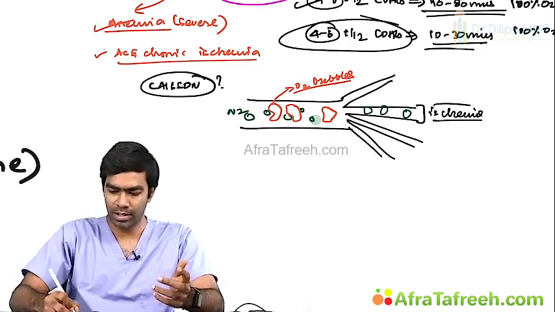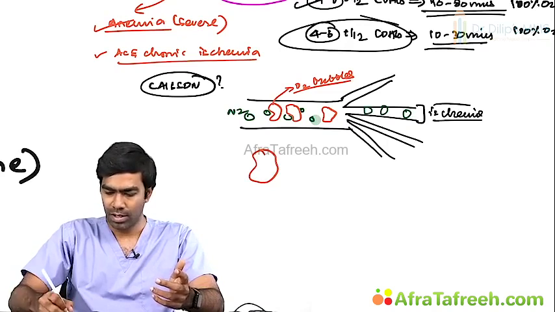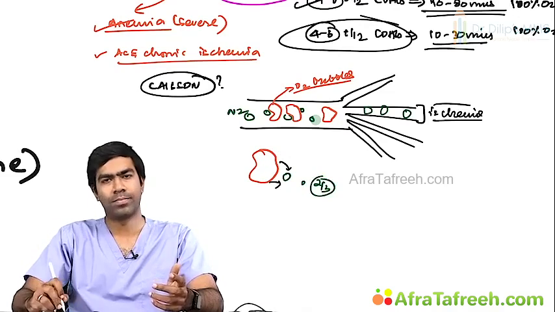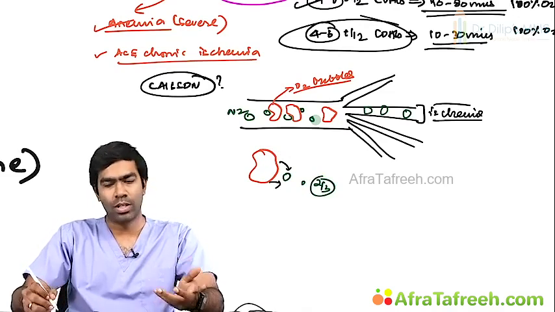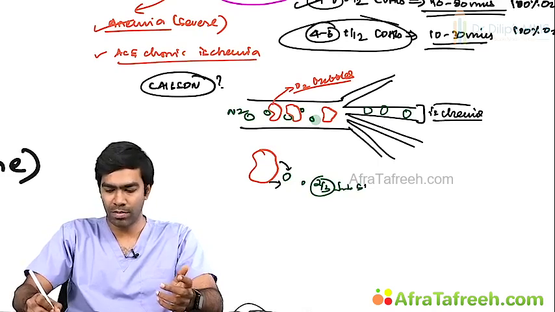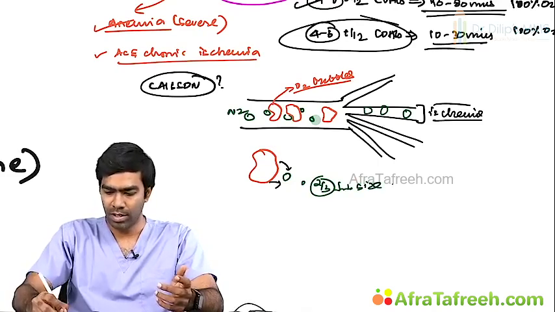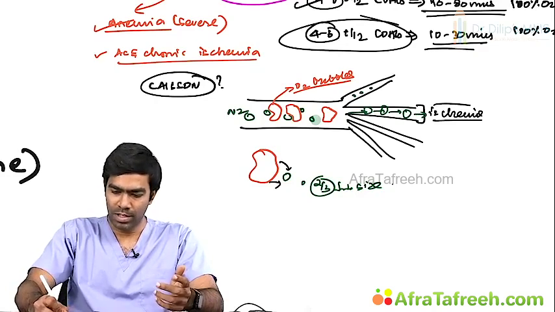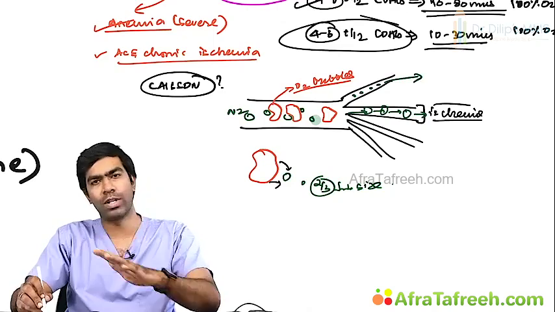For example, this is the size of the oxygen bubble and this is the size of the nitrogen bubble; the oxygen bubble will physically compress the nitrogen bubble and reduce its size to 2/3. Now the smaller nitrogen bubble can easily pass through the microvasculature without any occlusion.